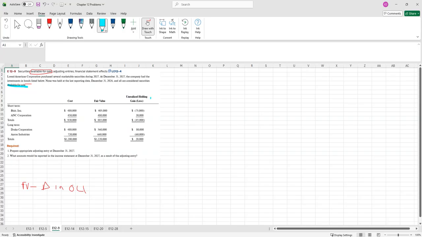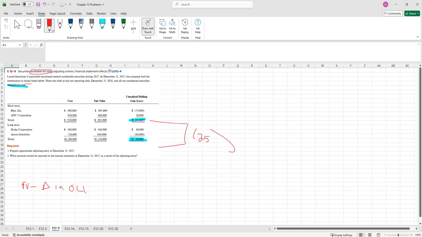Overall, right, their unrealized holding gains and losses, right? They were at a loss, negative $45,000 for their short-term investments. They were at a positive $20,000 for their long-term. So kind of the net of those two, right? Like what you had good and what you had bad. They were overall at a net $25,000 loss, right?